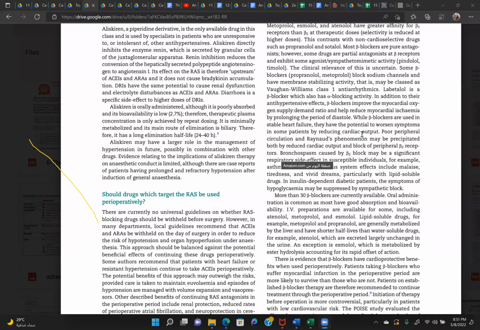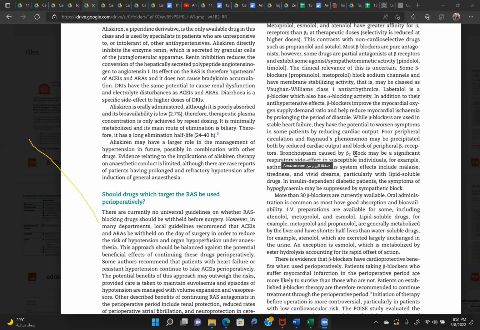Though they are negative inotropic and negative chronotropic, they can reduce the myocardial oxygen demand, so they can actually improve the contractility in that way. This is the significance of using them, and this is the question they can ask you about. So what about beta blocker use in diabetic patients?